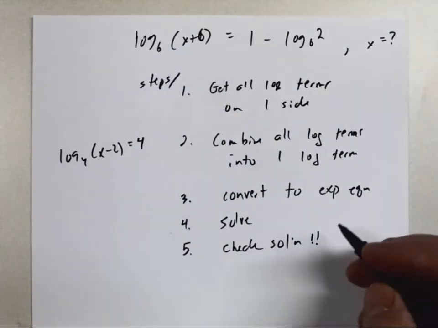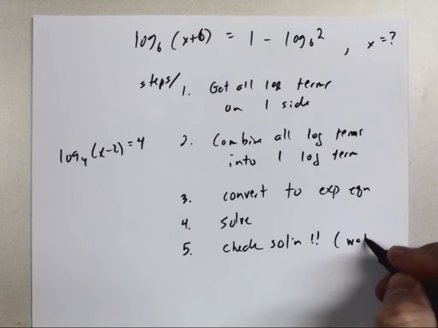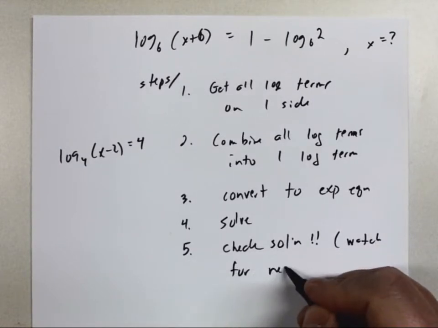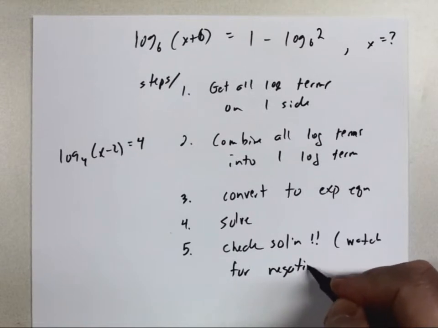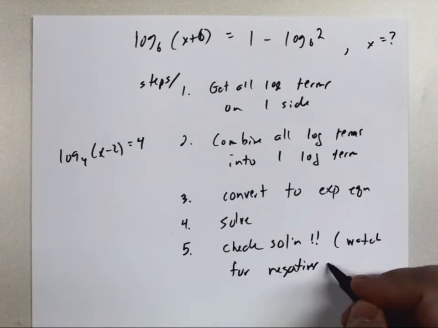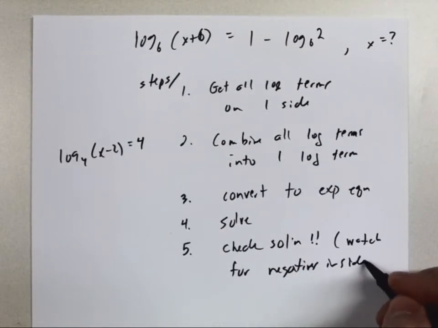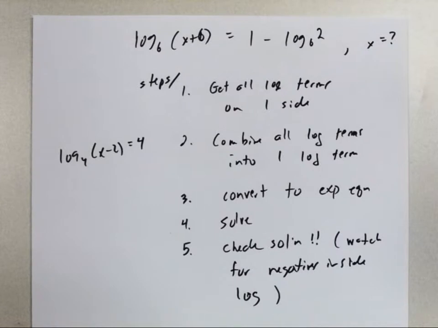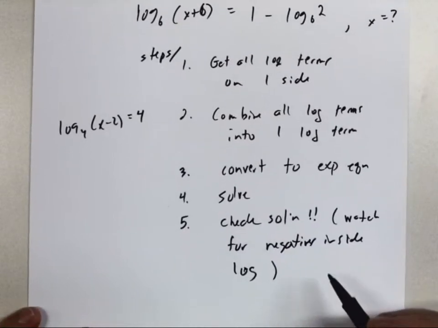The key thing is, what can happen is some of your solutions, if it causes you to end up with a negative number inside the log term, you can't have that.